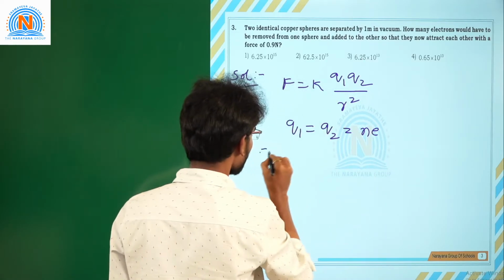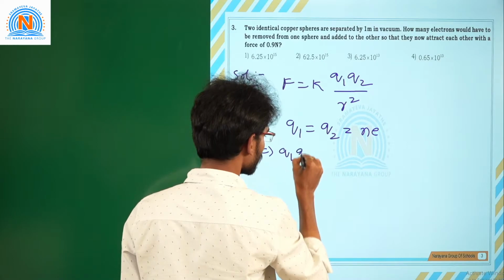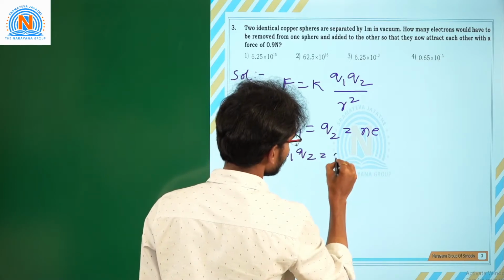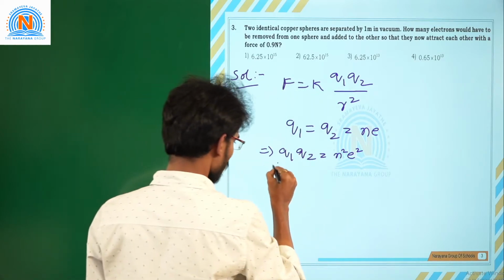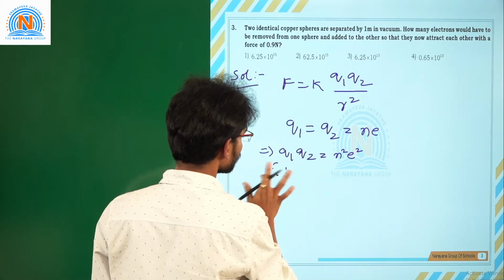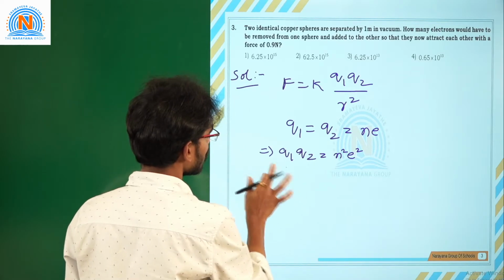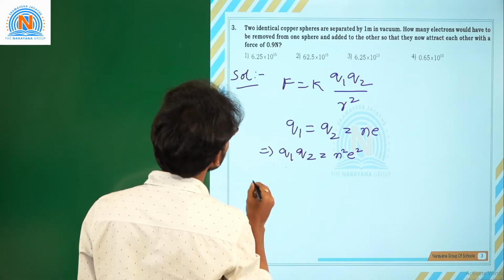Now the value of Q1 into Q2 is equal to N square E square. And we also know the value of K is equal to 9 into 10 to the power of 11. Substitute the values in the equation.